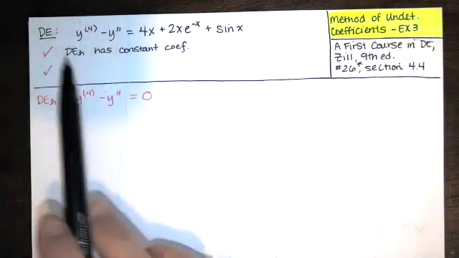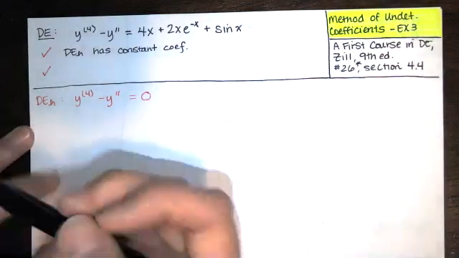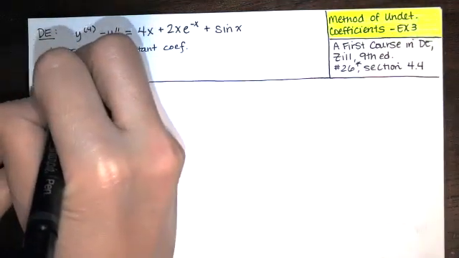This linear combination of those functions could potentially give us this function over here. So the right-hand side is of the appropriate form.